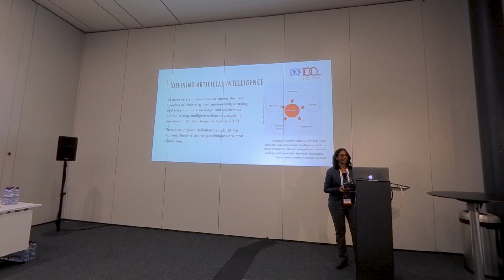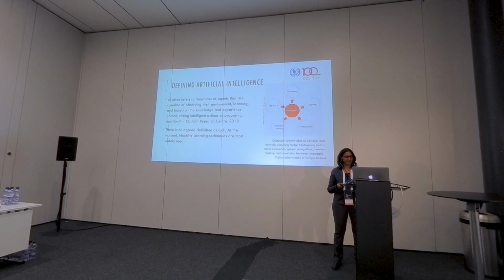So to begin with, how do we define artificial intelligence? There are a number of existing definitions. One which is much more comfortable for us to pick, for our research purposes, is the European Commission's Joint Research Centre's definition, which refers to machines or agents that are capable of observing the environment, learning, and based on the knowledge and experience gained, taking intelligent actions or proposing decisions.